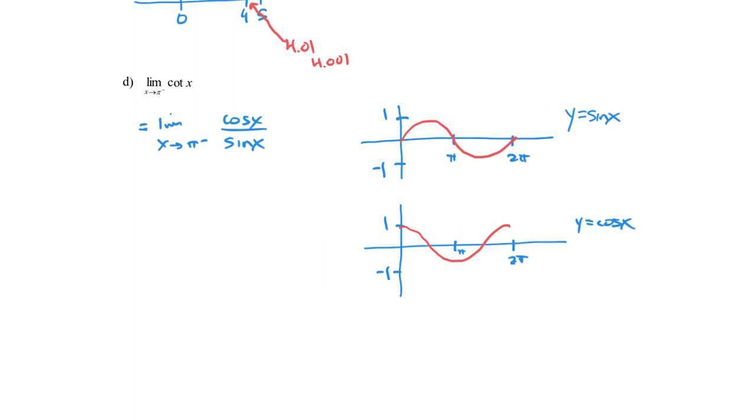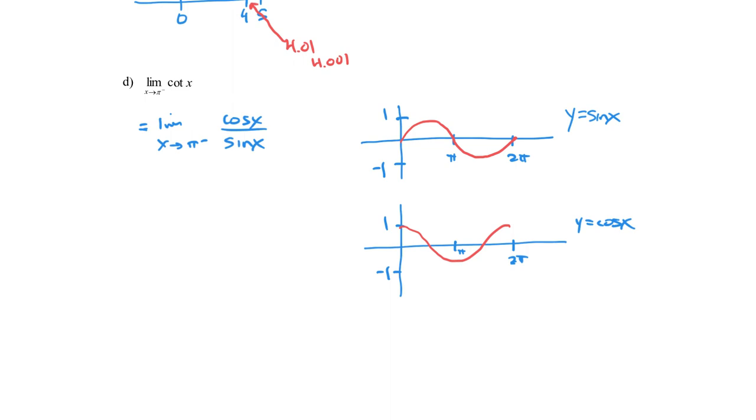So here's the sine. Think about the limit as x approaches pi from the left of sine. I'm coming in here. The sine curve is going to 0, but through positive values, right? Every y value here is positive. So as x approaches pi from the left, the sine curve is approaching 0 through positive values.